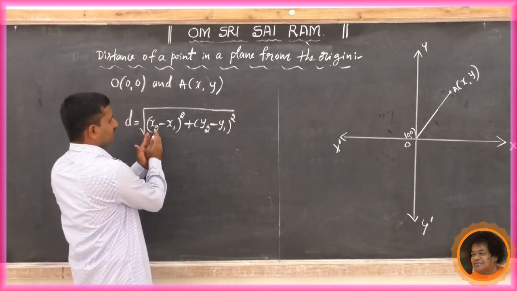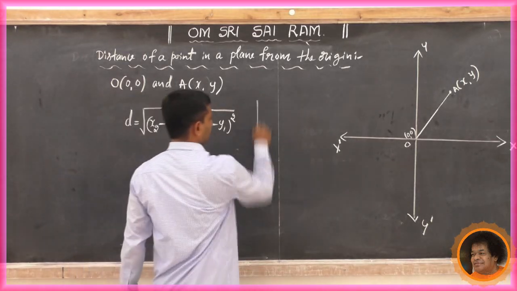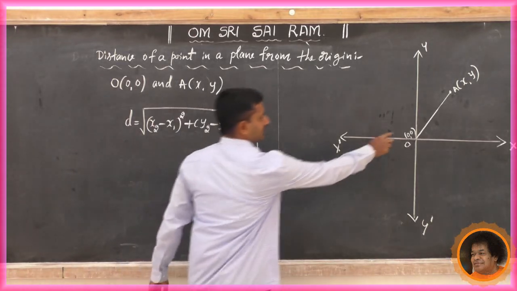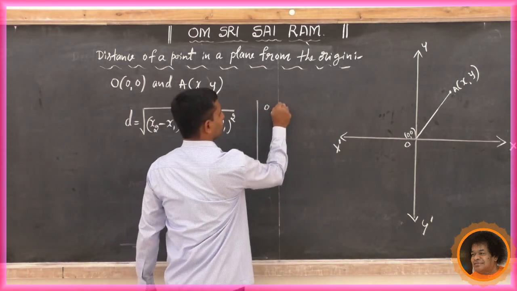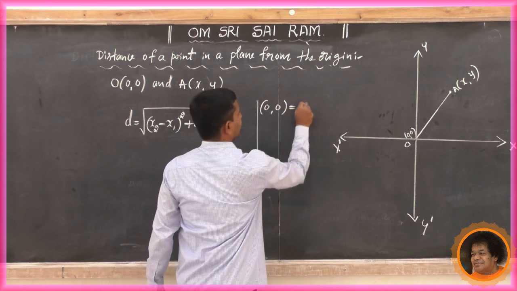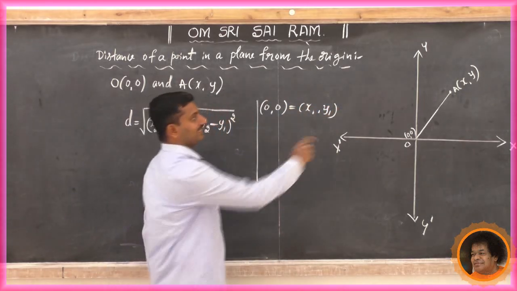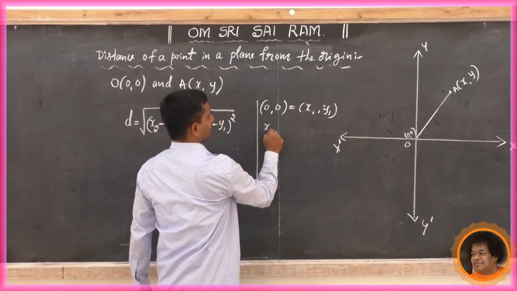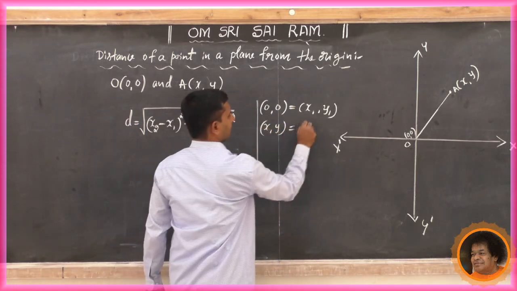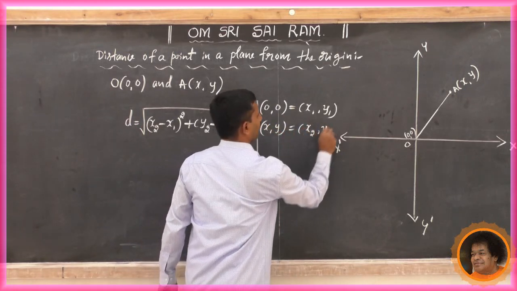What is the value of x2, x1, y2, y1? Here one point is (0, 0), that is considered as x1, y1. And the second point is (x, y), that is x2, y2.